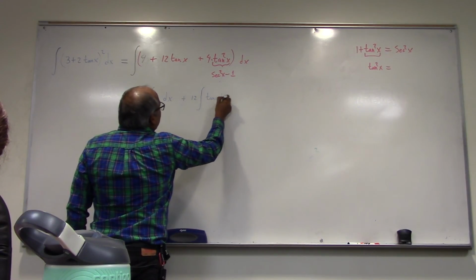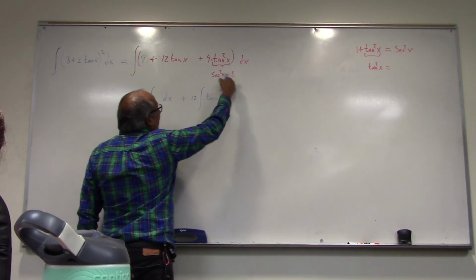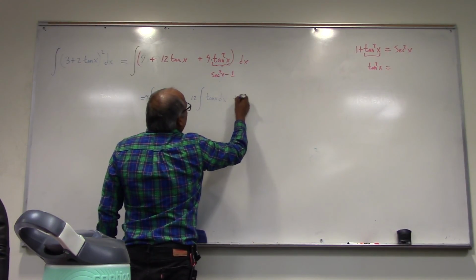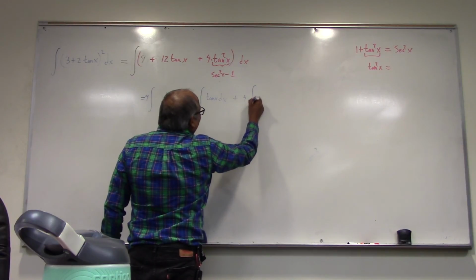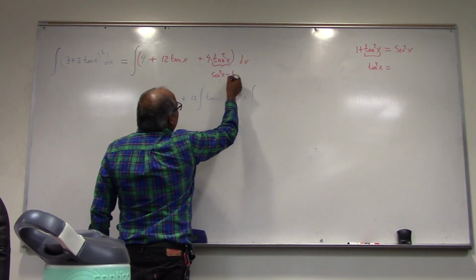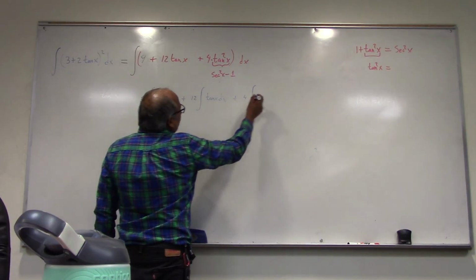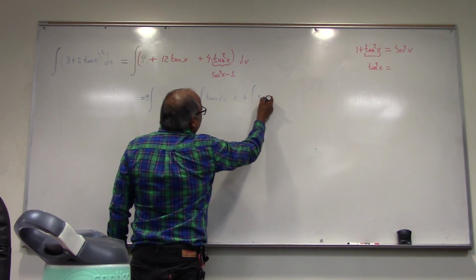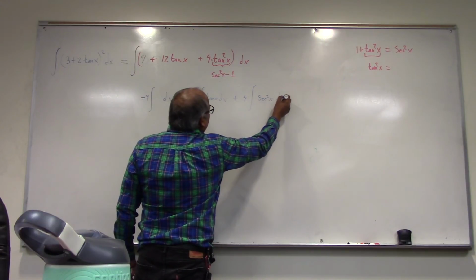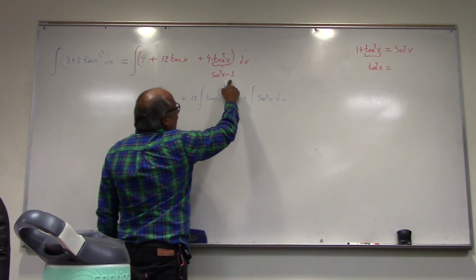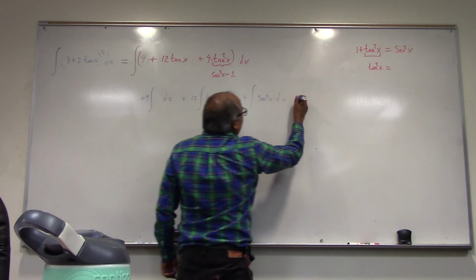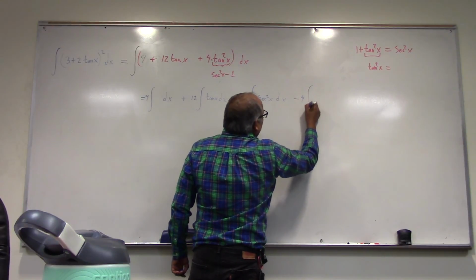So you did that part. Then this 4 is affecting both, right? Plus 4 times the integral of secant squared x dx. And then there's one extra one, right? 4 times negative 1 is negative 4, negative 4 integral of dx.